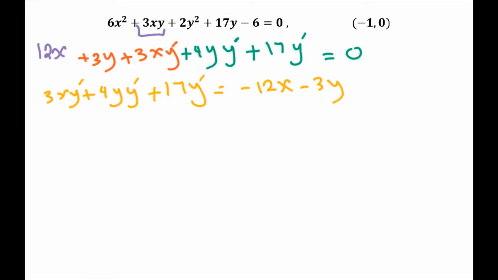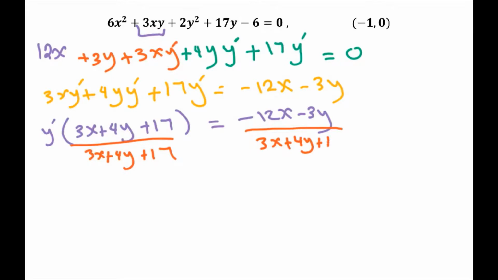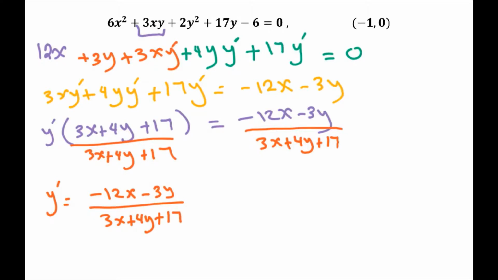Now take y prime as a common factor, and then divide everything by 3x plus 4y plus 17. So y prime equals -12x minus 3y over 3x plus 4y plus 17. So that's my slope. Now I need to substitute by -1 and 0.